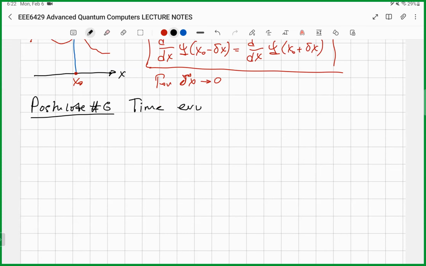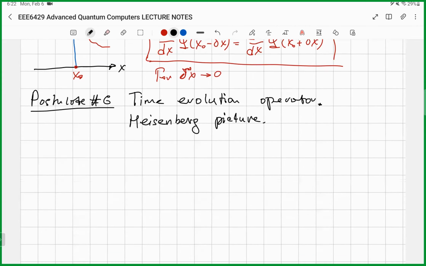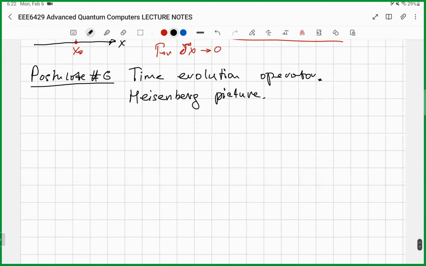Time evolution operator, and let's also discuss the Heisenberg picture. Time evolution operator and Heisenberg picture.